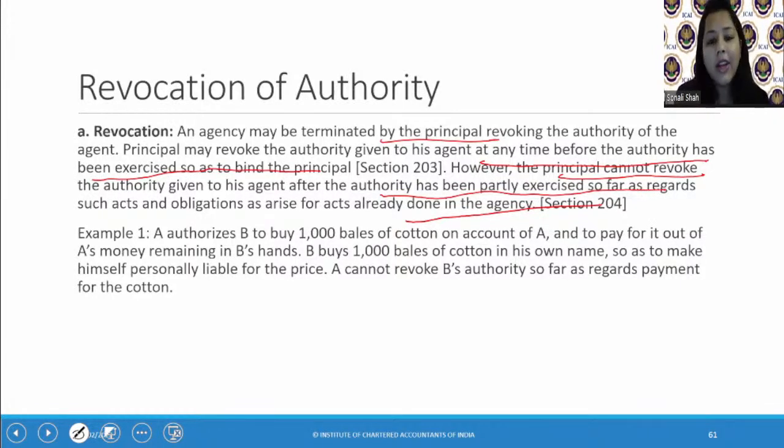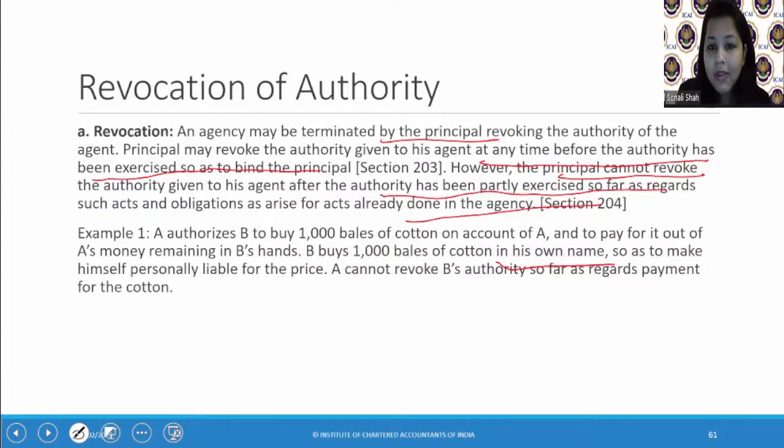This is what is provided for in Sections 203 and 204 of the Indian Contract Act. If we look at this example, A authorizes B to buy 1,000 bales of cotton on account of A and to pay for it out of A's money remaining in B's hands. B buys 1,000 bales of cotton in his own name so as to make himself personally liable for the price.